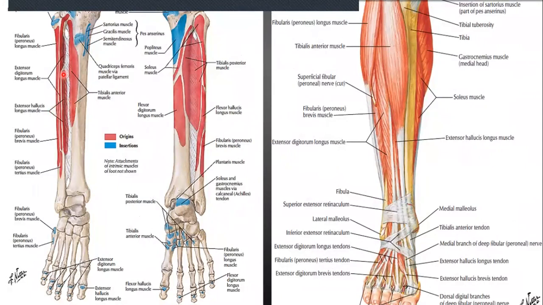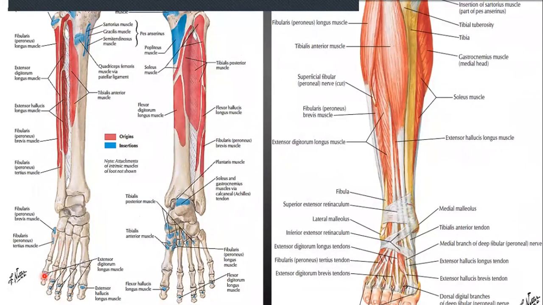So let's look at where the origins of them are. Here you can see this is the origin of your extensor digitorum longus. Then here is your extensor hallucis longus. Then here we have your peroneus tertius, and fibularis tertius will insert here on the dorsal surface of the fifth metatarsal.